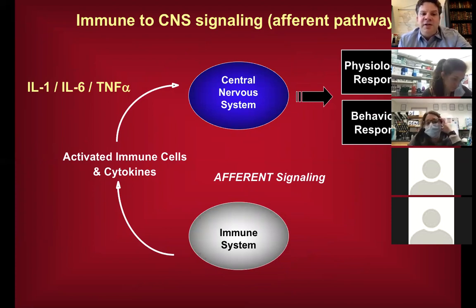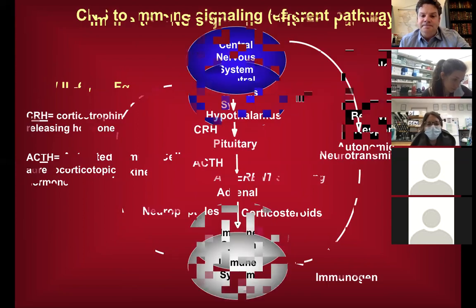The big ones here were popular when I was in grad school and really haven't changed so much: interleukin-1, interleukin-6, and tumor necrosis factor alpha, all big inflammatory cytokines that communicate with the brain, and we see physiological and behavioral responses. And this is that afferent signaling, that immune to brain signaling.